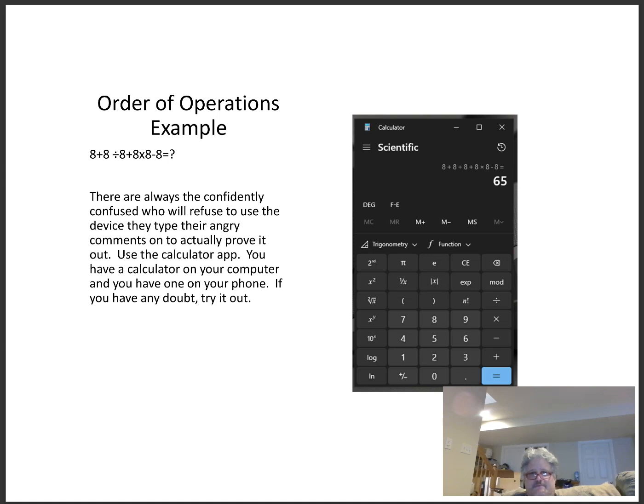And remember, these rules have been around since at least the 16th century, about that time. I don't know exactly. It could even be before that, but there's plenty of old math books out there. You can Google that. You can look it up for yourself if you don't believe it. It's all there on the internet. These days it's so simple.